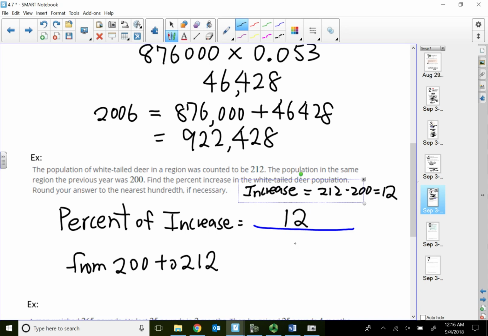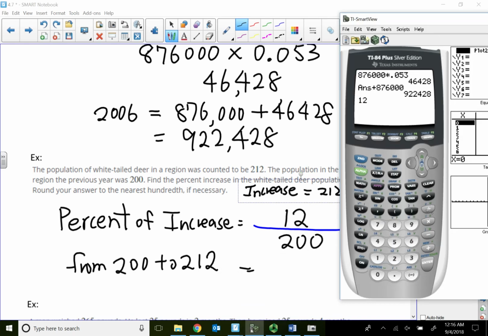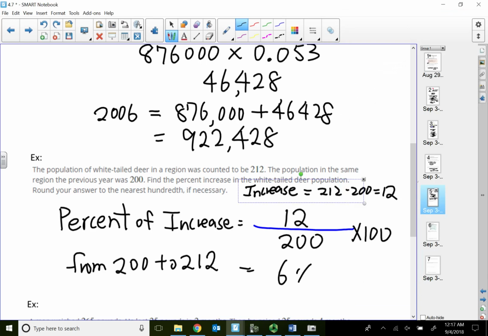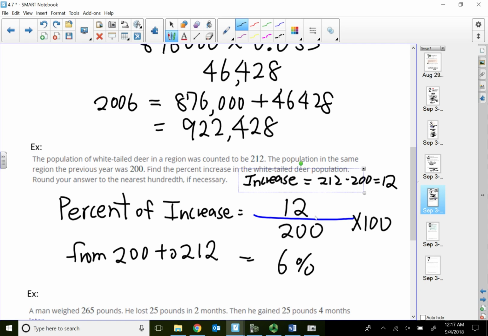So where we were from is what we're dividing by, then times 100. So our percent of increase is 6%. We have a 6% increase. Remember, percent and the part represent the same thing, just in different units. One is in percentage, one is in dollar signs. In this case, the part represents how many deer.